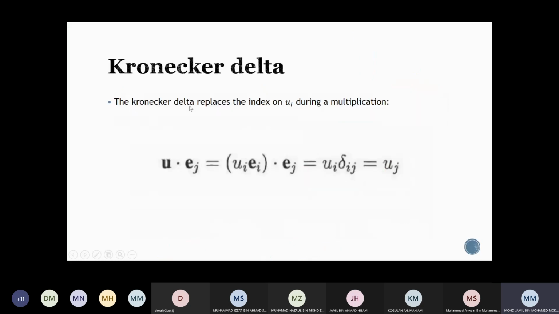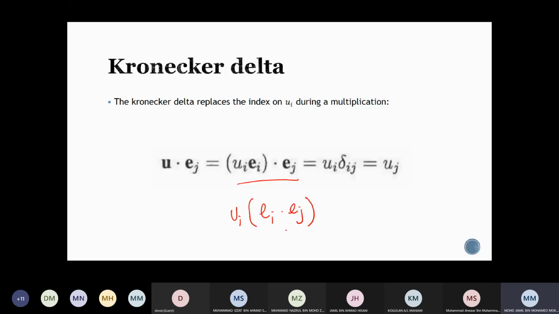Okay, so the Kronecker delta replaces the index on ui during a multiplication. Let's say you want to find vector u dotted with ej. You can write u in index notation, ui ei dot ej, and then expand this: ui times ei dot ej.